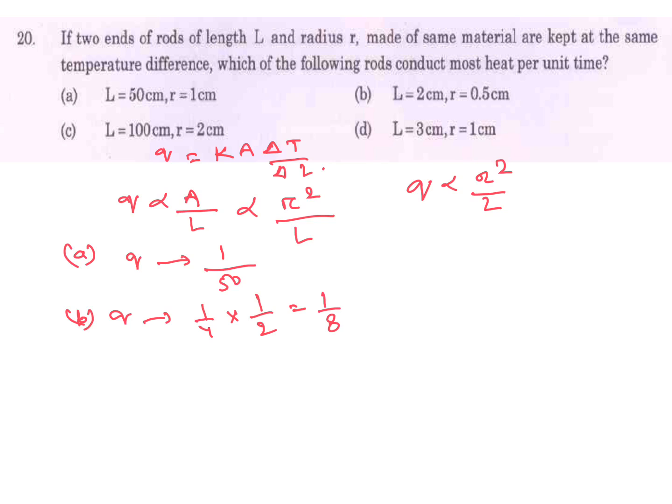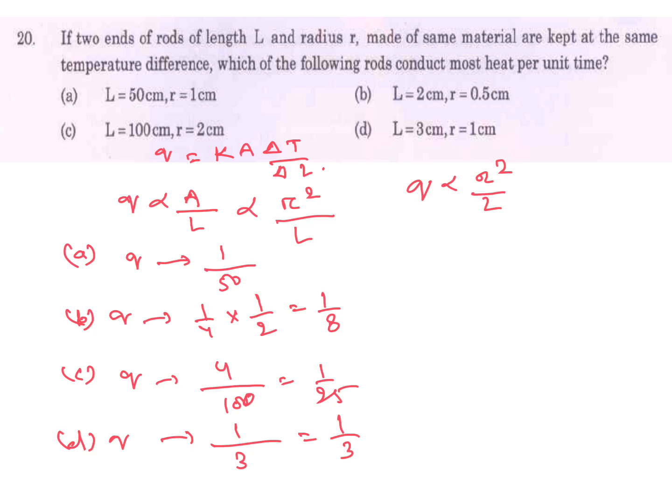C, Q is R square, 2 square is 4, then by L which is 100, it's 1 by 25. D, Q is R square is 1, by L, it's 1 by 3. So Q is maximum in the case of D, 1 by 3. D is our answer.